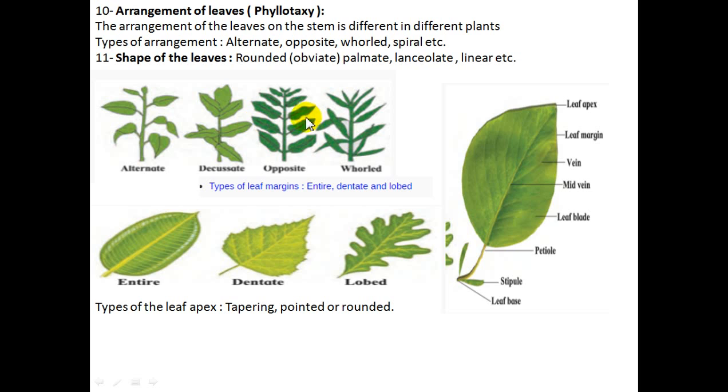Whorl means it will look like a flower, एक circle बनाएगा, it will move like a circle. यहाँ से जैसे हम किसी rope को किसी भी stick पे round round करके tie करते, that is called rotation. In the same way you will see that leaf formation is in a rotation form, that is called whorl. And decussate, just like an adjacent way.